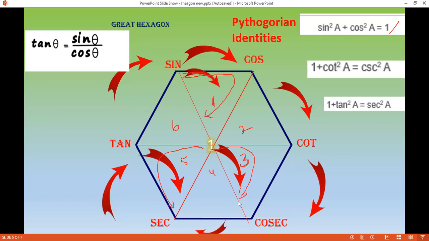Next, tan square A is equal to sec square A minus 1. In this way, we can write all the Pythagorean identities by using this great hexagon.